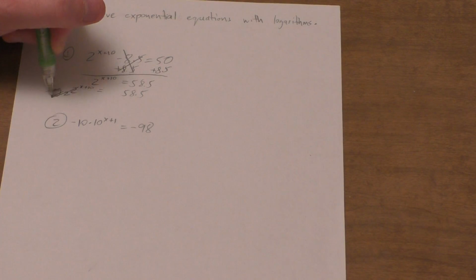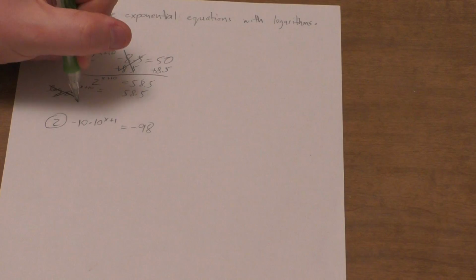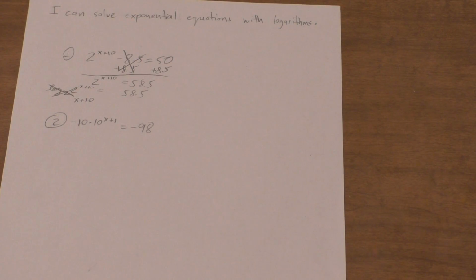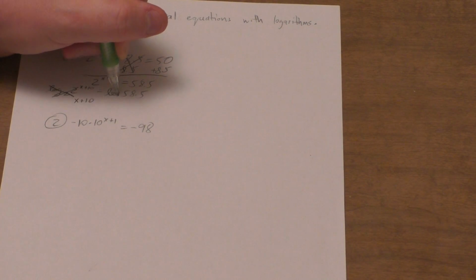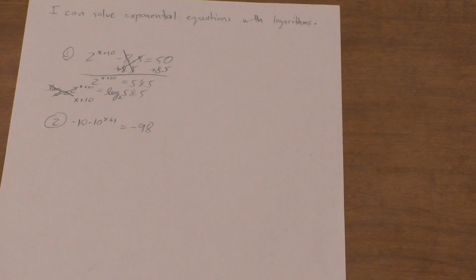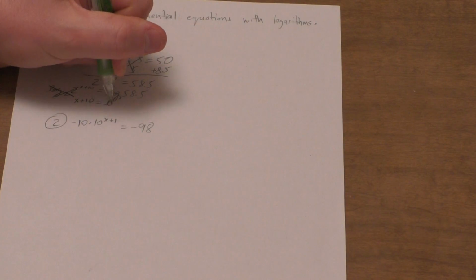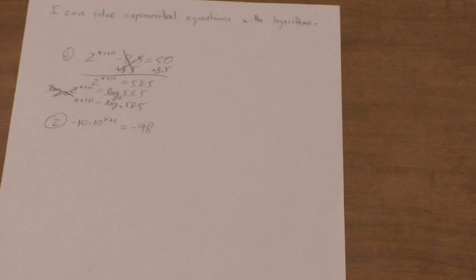So this log base 2 and this exponential with the base of 2 will cancel out, and I'll be left with x plus 10. Well, as we know, if you do it to one side, you have to do it to the other. So I'll just take log base 2 of 58.5. So I'm left with x plus 10 equals log base 2 of 58.5.